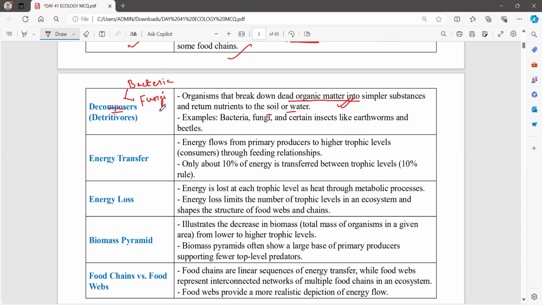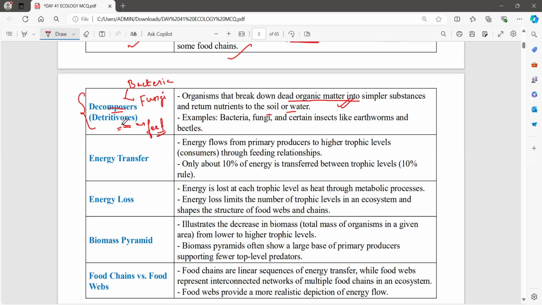But detritivores are organisms which feed on dead and decaying organic matter. Due to enzymatic reactions, bacteria and fungi break down organic matter into simpler organic compounds, but detritivores feed on the dead organic matter.